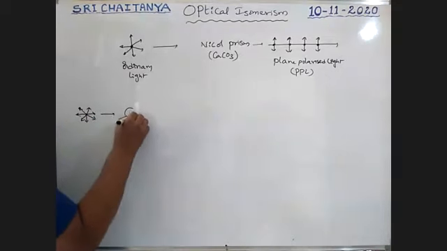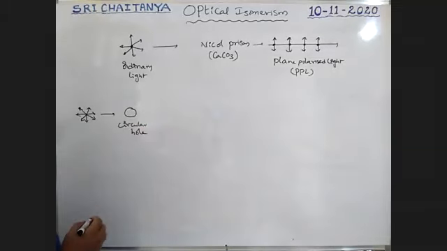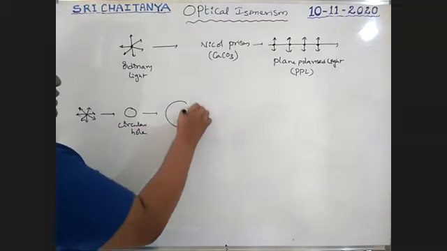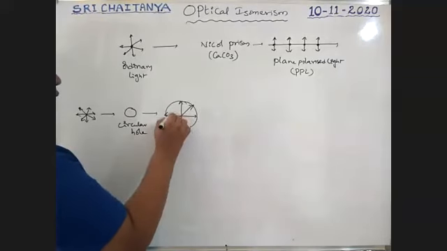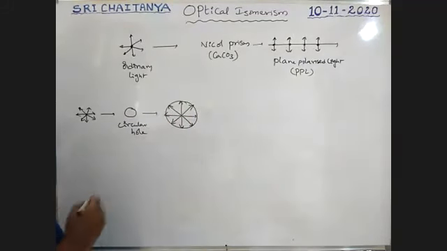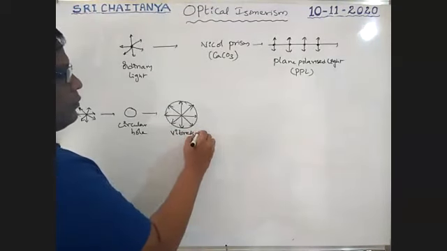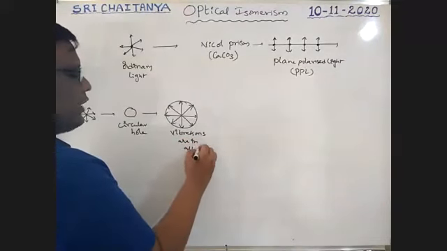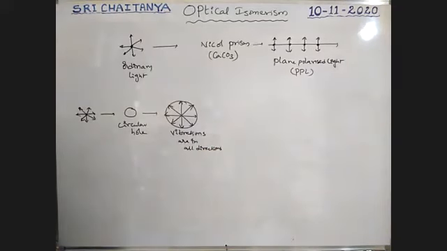It is passed through a circular hole. Now all-direction vibrations are coming out, boys. It is nothing but ordinary light, with vibrations in all directions.